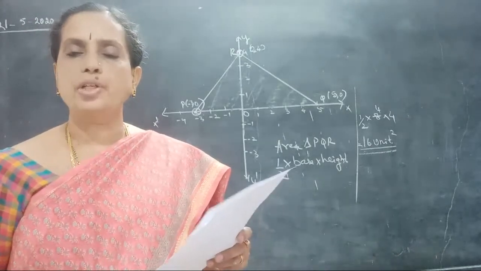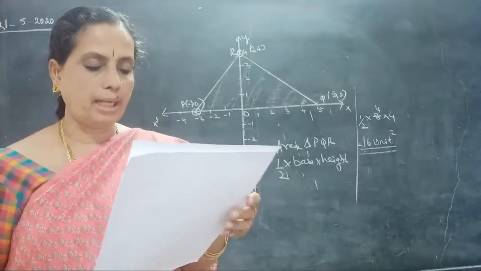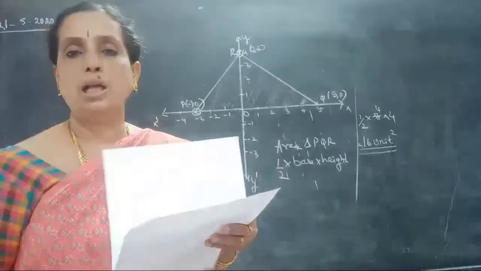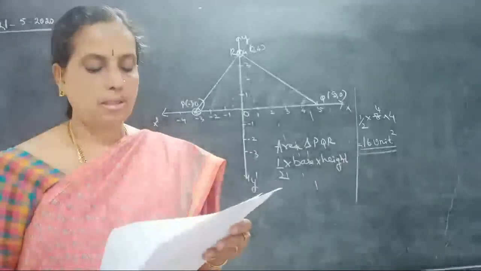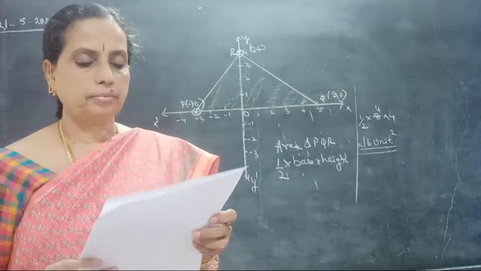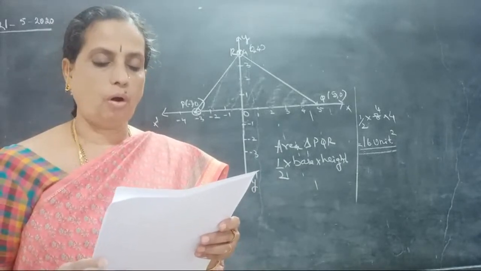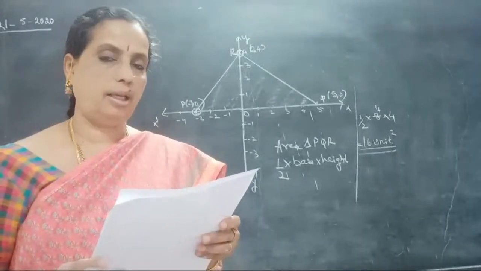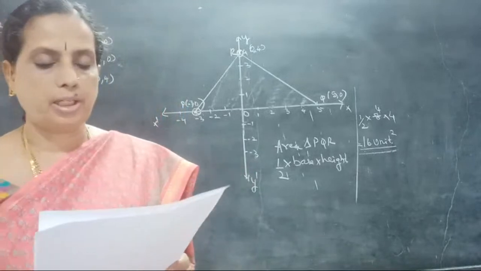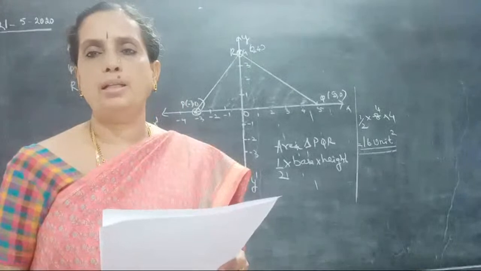Now we'll have the discussion of this paper. First I will discuss only the fill-in-the-blanks. The remaining you can try to answer in your answer sheet as well as the assignment sheet. The point of intersection of the coordinate axes is, what is the answer?